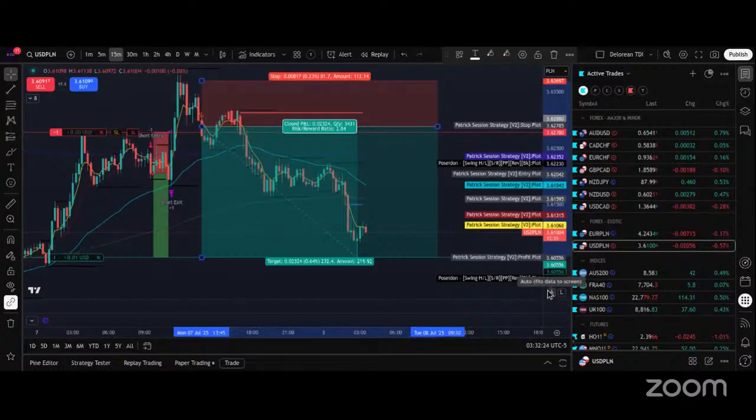Again, it looks like we're not going to get any other signals. So the next time frame is going to be 3:45 in the morning. It's about 12 and a half minutes from now.